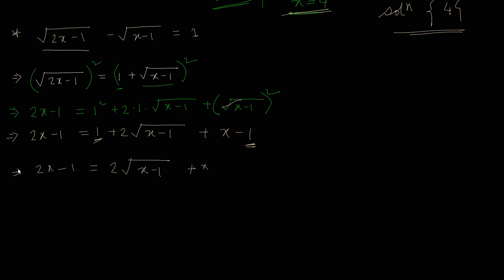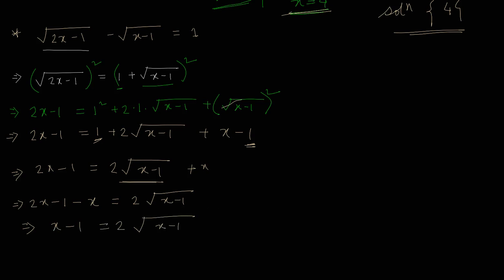Now this equation again has only one radical and some other terms. So we are going to isolate the radical on one side and everything else on the other side. So I can have 2x minus 1, and this plus x on this side is going to be minus x, equals 2 square root of x minus 1. So 2x minus x is x, so x minus 1 equals 2 square root of x minus 1.